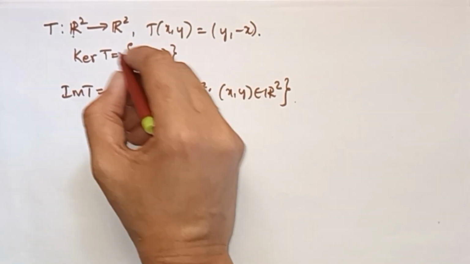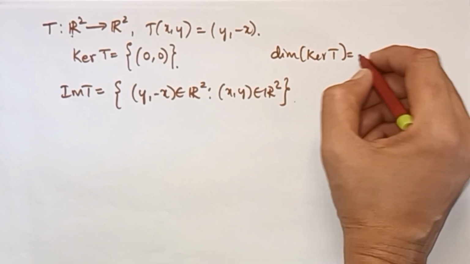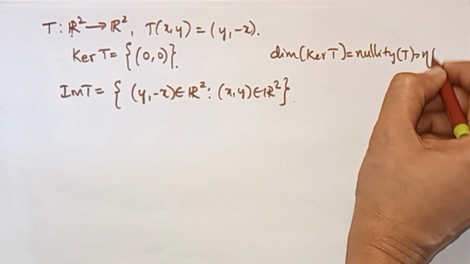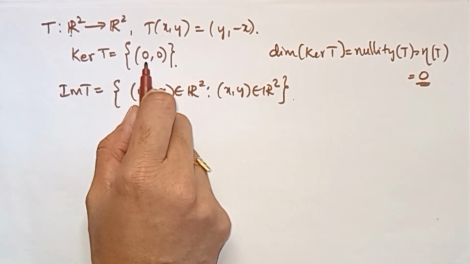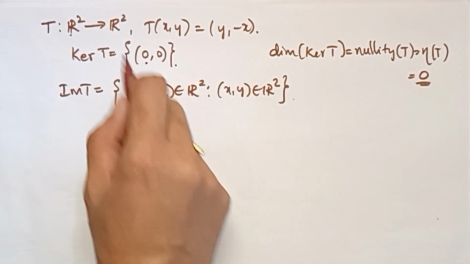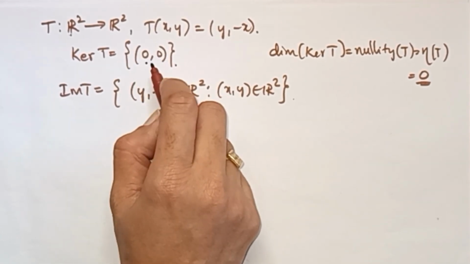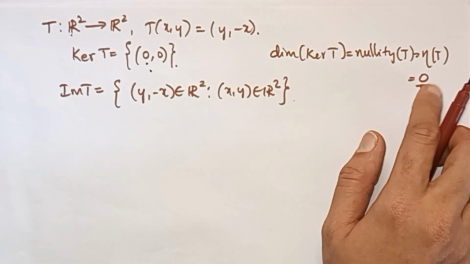Now dimension of kernel T is called the nullity of T. Dimension of kernel T is equal to the nullity of the transformation, which is eta of T, which is equal to 0 in this case, because it has only the 0 vector, so we are not counting the number of elements in this. Whenever a set has only the 0 vector, its dimension is always considered as 0.